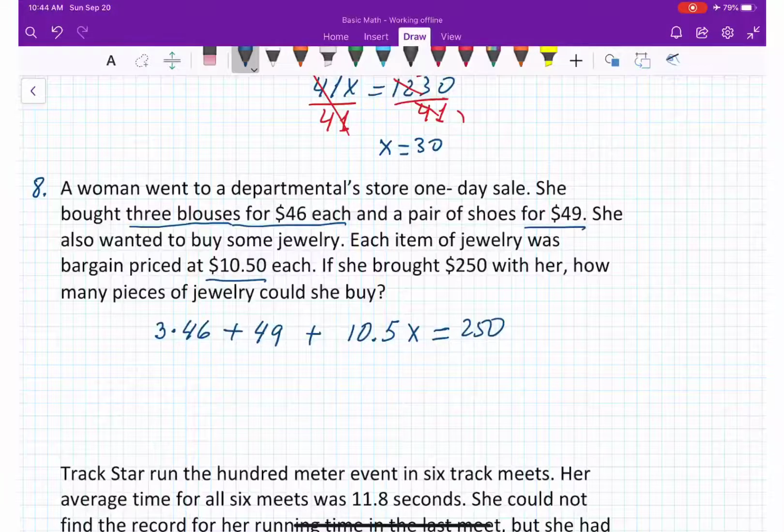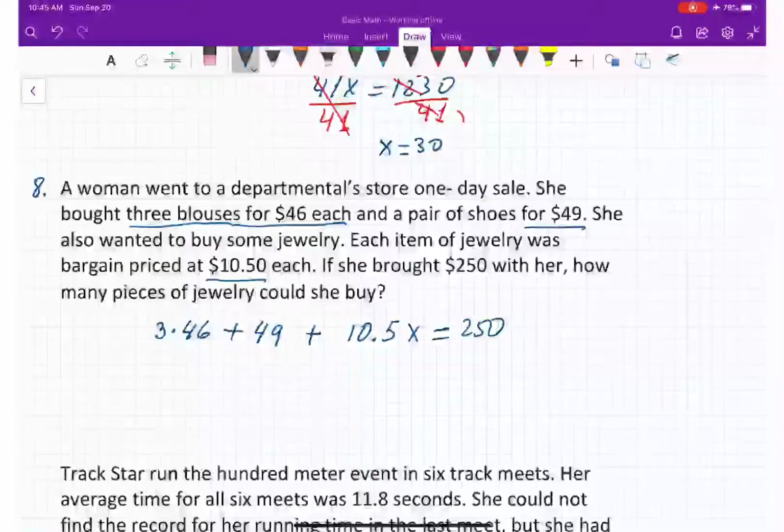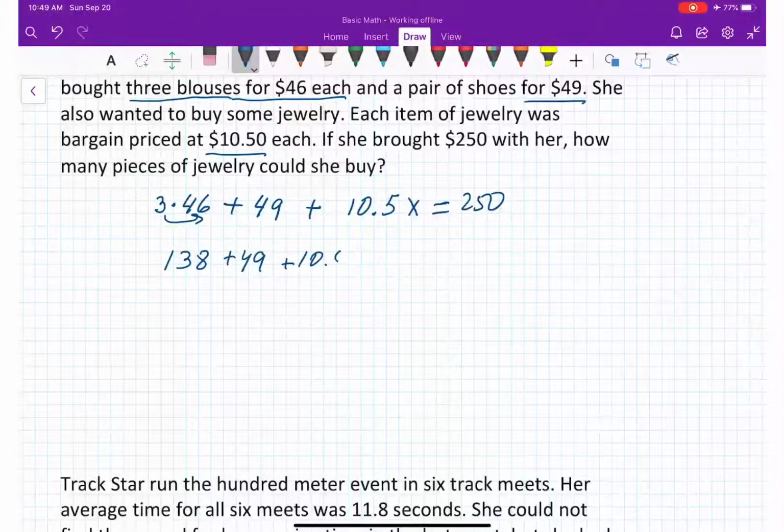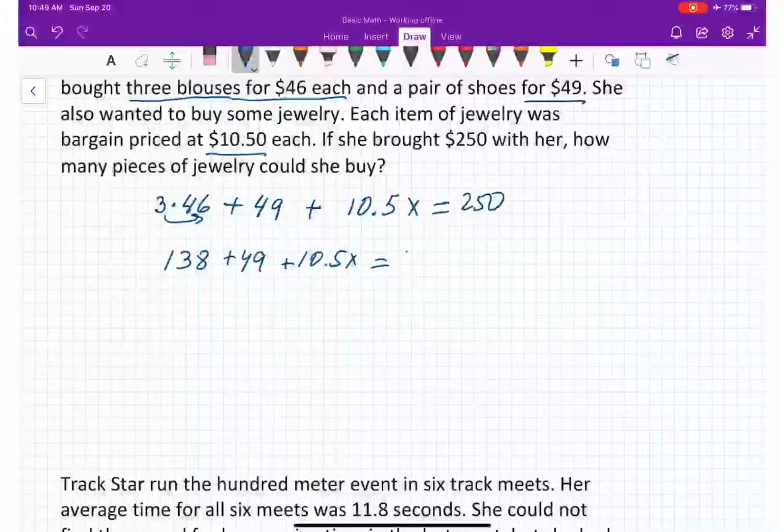All right, so all we have to do now is solve this for x. So let's multiply. 3 times 6 is 18, 1 in mind. 3 times 4 is 12, and 1 will be 13. Yes, 138. Plus 49 plus 10.5x equal 250.